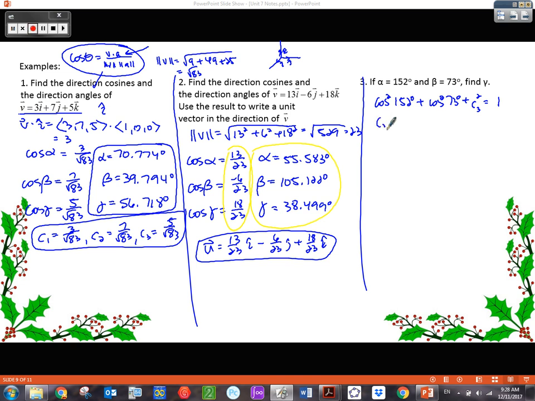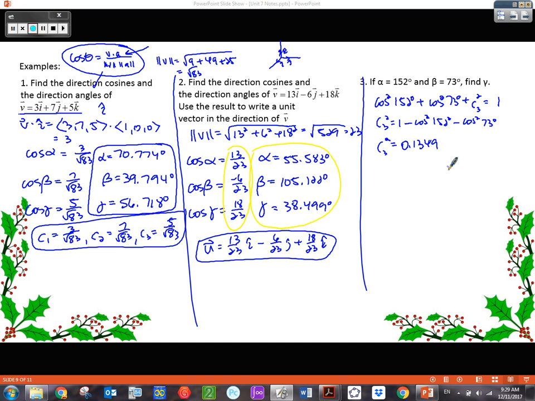So I have C3 squared equals 1 minus cosine squared of 152 degrees minus cosine squared of 73 degrees. Okay. So I enter that in my calculator, 1 minus cosine squared 152 minus cosine squared 73, and I get C3 squared is 0.1349.